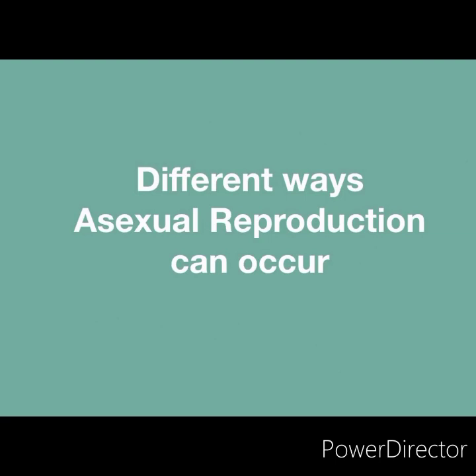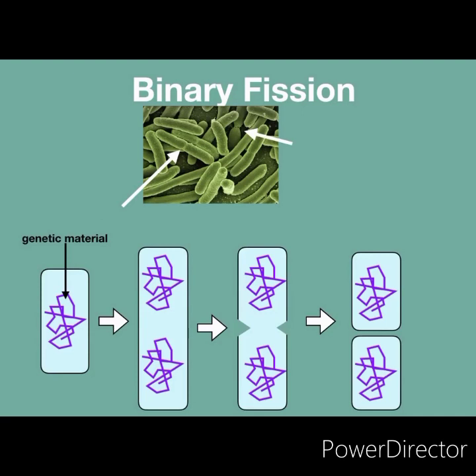One way is through binary fission. This occurs mostly in single-celled organisms like bacteria. The genetic material gets copied and then the organism splits in half, creating organisms that are identical to the original organism.